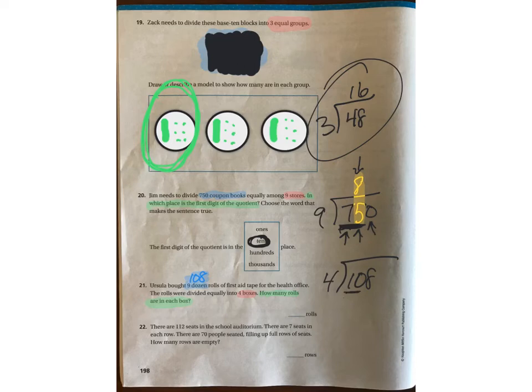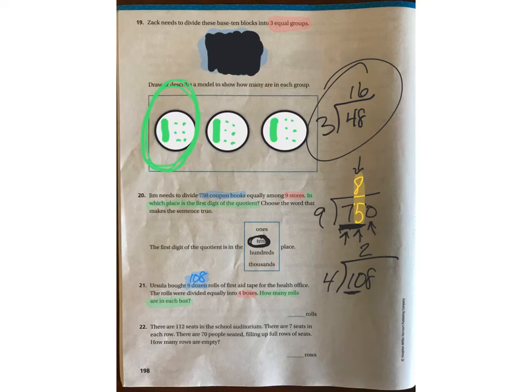So instead of having 100, I now have 10 tens. So can 10 tens be divided into 4 groups? Or get close to it? Sure. Or think of it, 4 times what gets me close to 10? So 4 times 2. Now remember, that goes above the tens. 2.